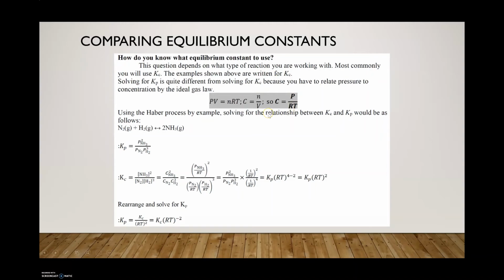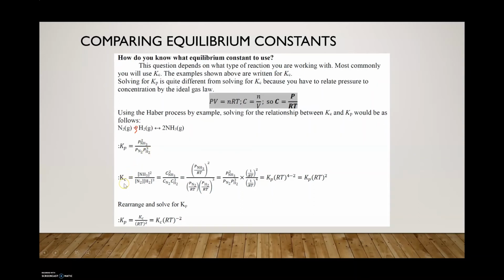So we're going to go back to the Haber process, and use that process to better understand how this relationship can be made. There should be a 3 there. The first thing we do is write out K sub P. K sub P is equal to the pressure of NH3 squared divided by the pressure of N2 times the pressure of H2 to the 3rd power.